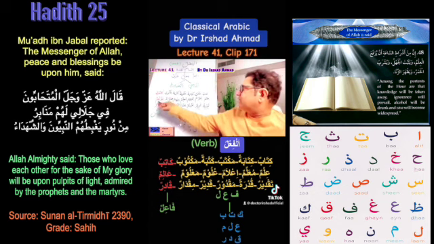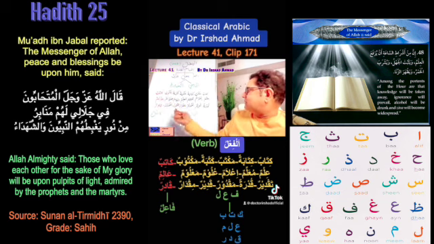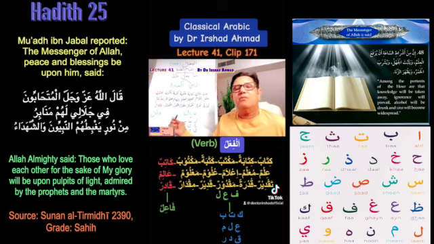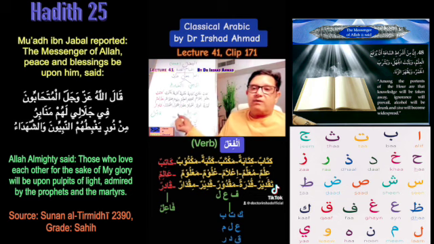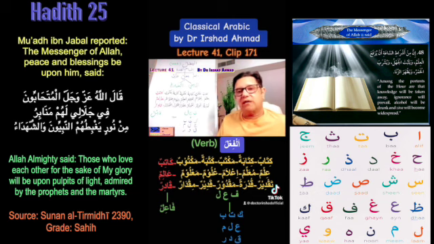So this system of root and pattern is very, very important as far as understanding the Arabic language is concerned, and it makes it very easy to learn the language as far as the grammar goes.